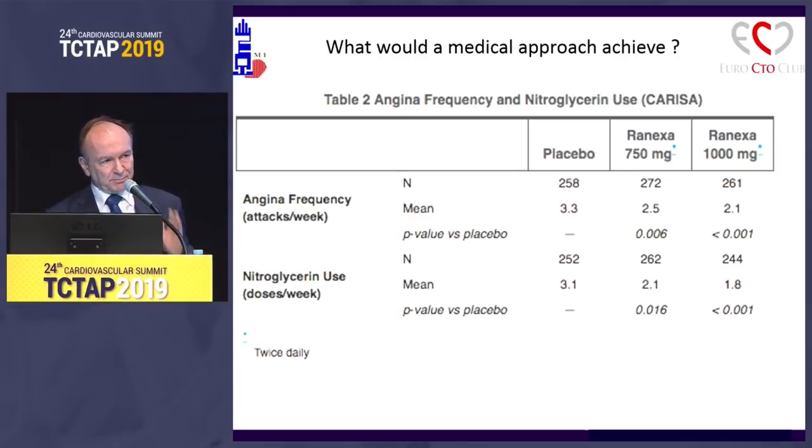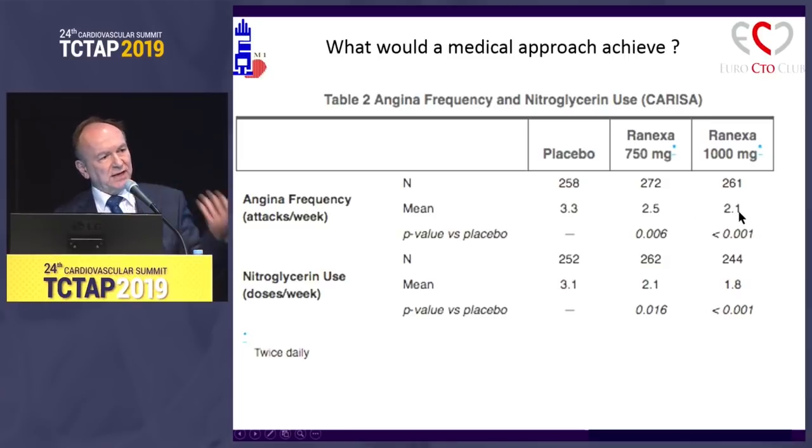But let's have a brief look at what medical therapy would mean to a symptomatic patient. Of course, we know that, for example, with ranolazine, we can improve symptoms, but to what extent? You have to take ranolazine twice a day to improve your angina frequency from 3.3 attacks per week to 2.1.